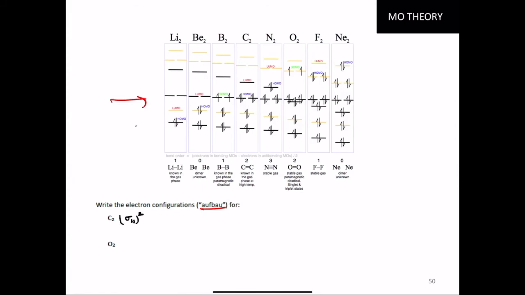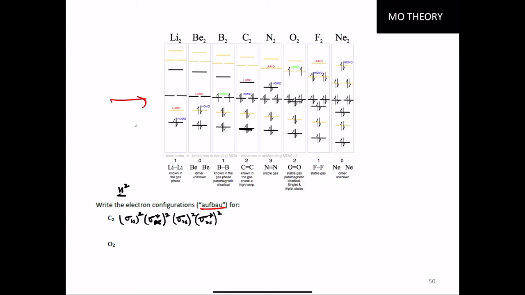That means this is like 1s2, except it's not an atomic orbital, it's a molecular orbital. What's next in energy? Sigma star 1s2. Then sigma 2s2. Then sigma star 2s2. And now we're here, so who's first? With carbon, pi's come first.